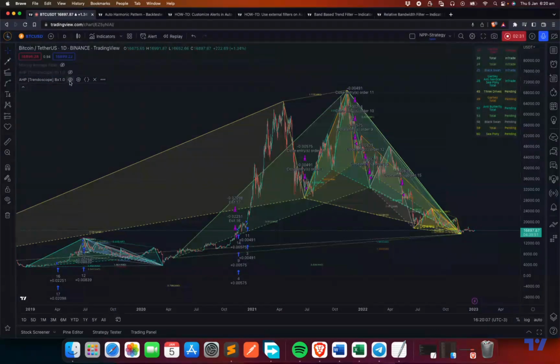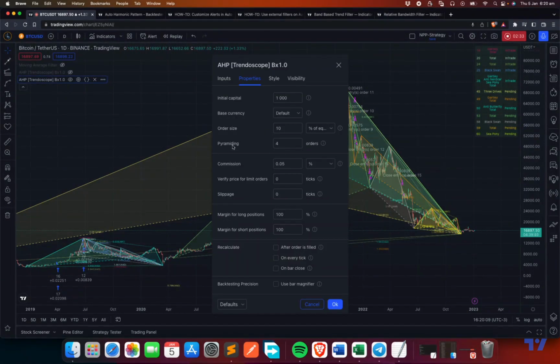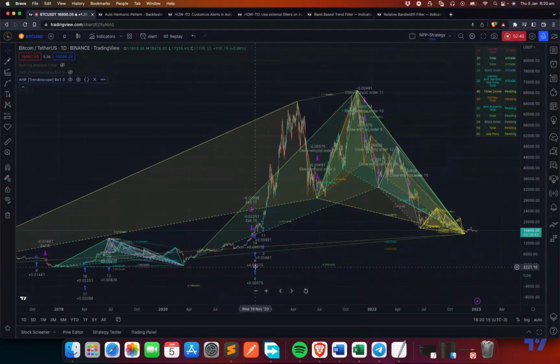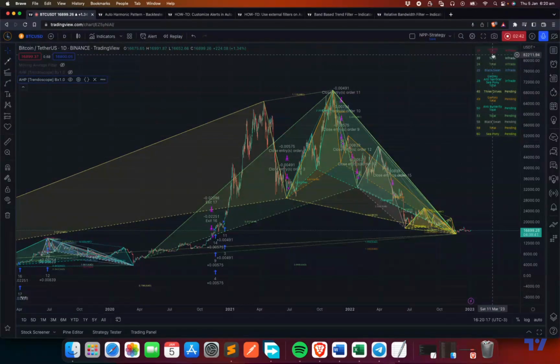Another thing about the settings is pyramiding. The pyramiding is set to 4. That means that at a time only 4 open trades are possible. But if there are more than 4 patterns, not all patterns may have trades.